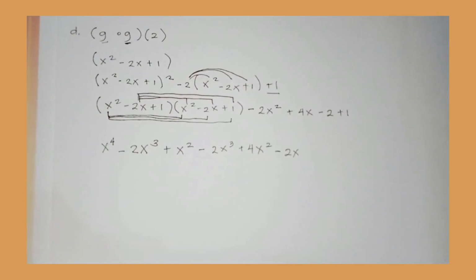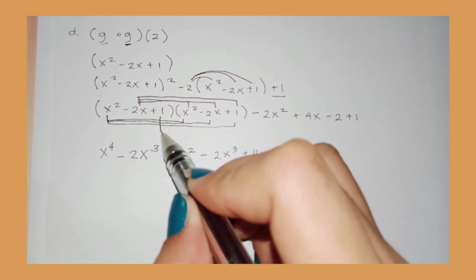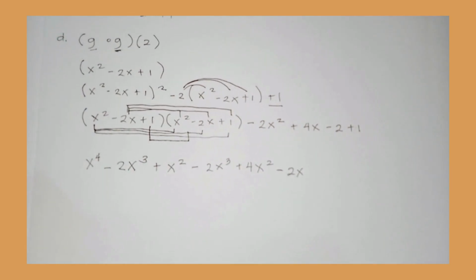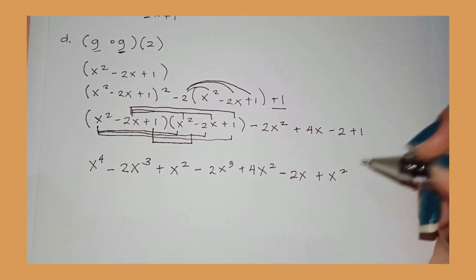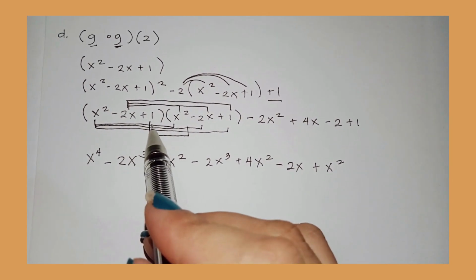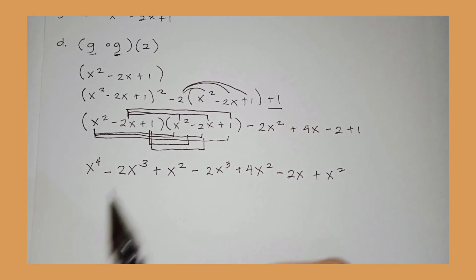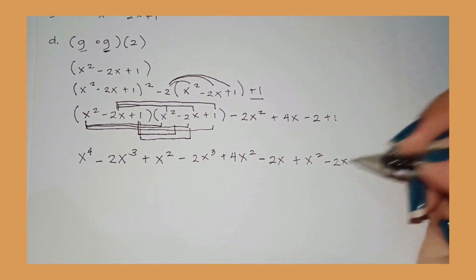Di pa tayo tapos. Meron pa tayong positive 1. Positive 1 multiply to x squared, that is positive x squared. Positive 1 multiply to negative 2x, that is negative 2x.